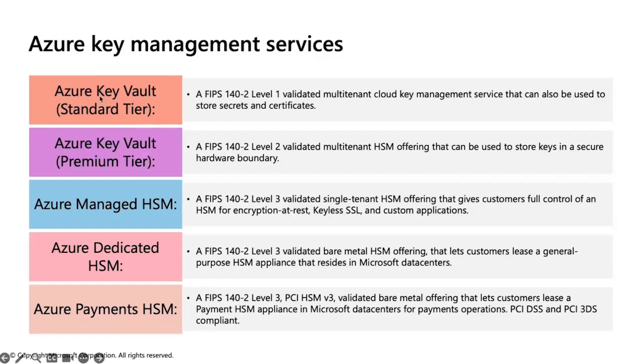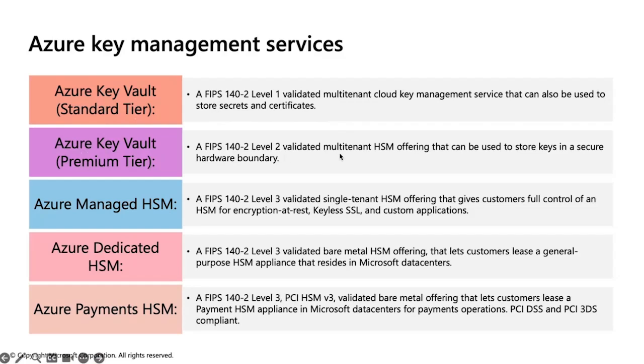By default, we get the Azure Key Vault standard tier. This is a kind of software-based management to manage your keys and certificates. It is FIPS 140-2 level 1 validated, and it's software-based. Then we have the option to select the Key Vault premium tier.